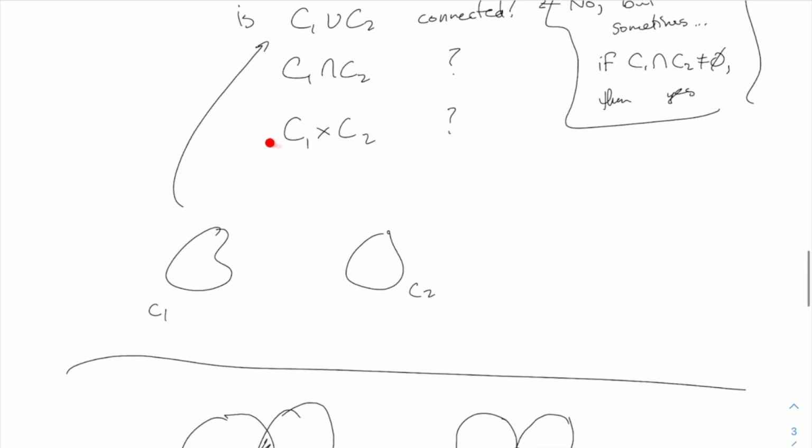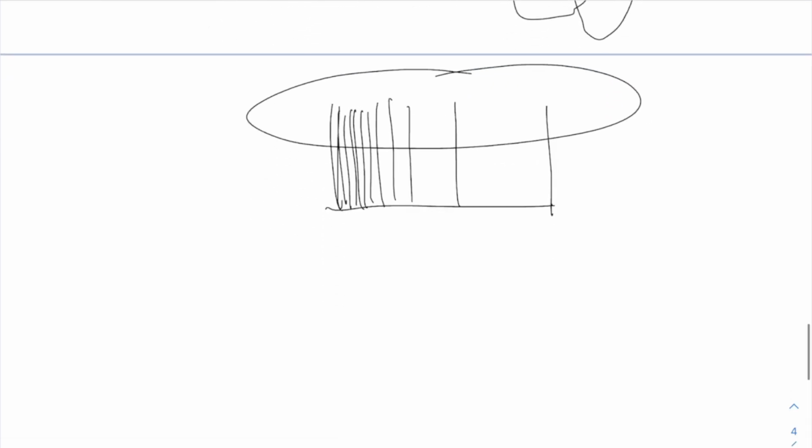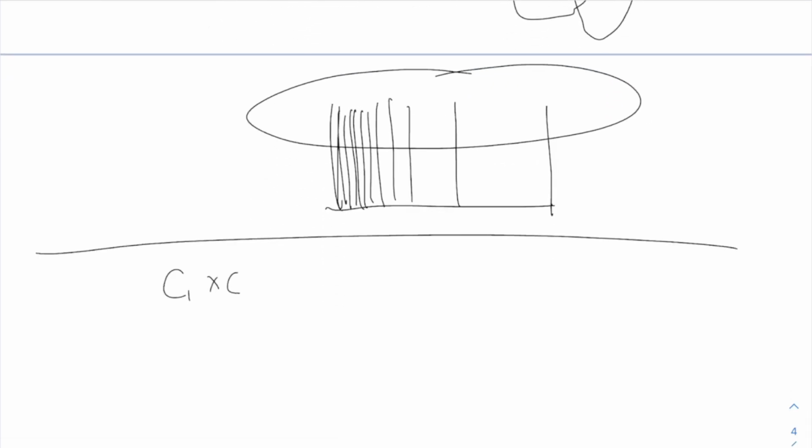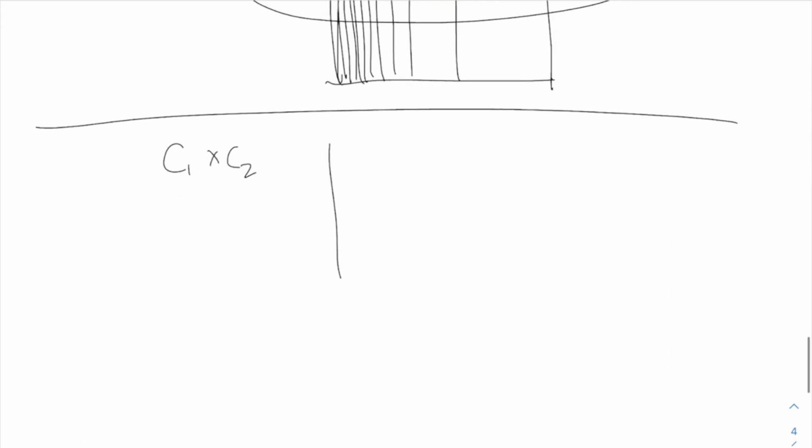All right, the answer to this one is yes. If you have two connected things, their product will be connected. Although that's not obvious, the picture you should have in mind for the products, for C1 cross C2, is something like this: I have one set down here and I am taking the product with another set, and what I get is some kind of a box.